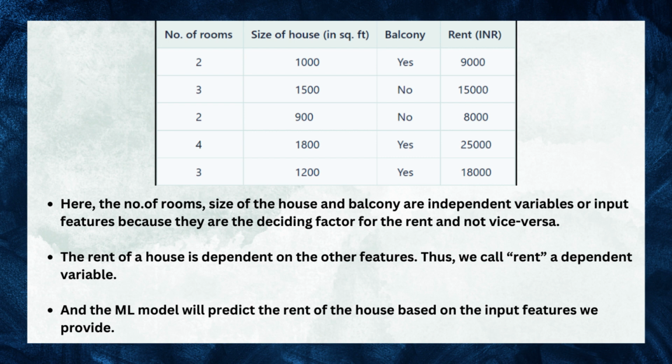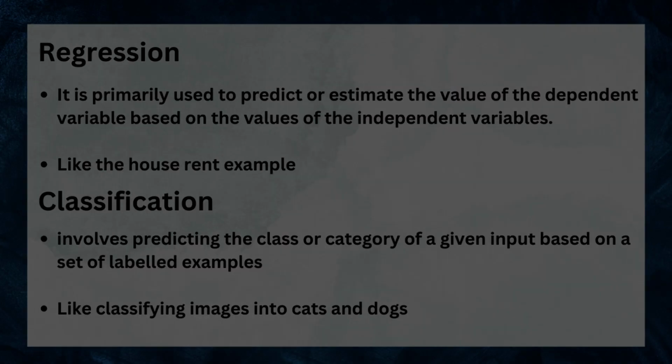Thus, we call rent a dependent variable, and the ML model will predict this dependent variable using the other features present, like number of rooms, size of house, and balcony. Supervised learning is used here as we have a label, rent, which we need to predict based on the input features. Now I hope you have a clear understanding of independent and dependent variables.